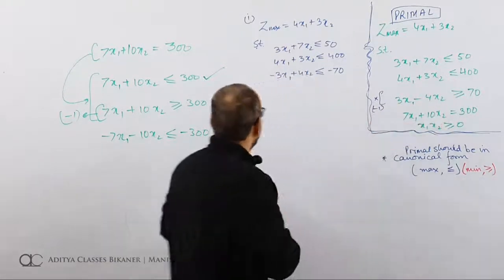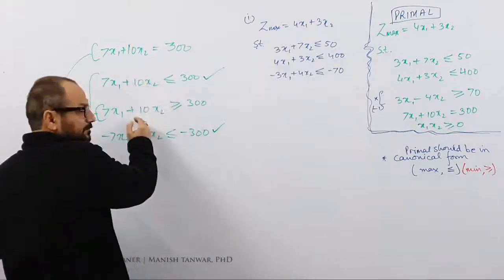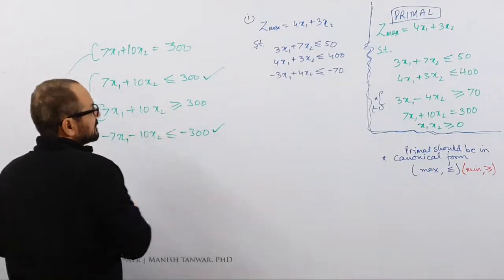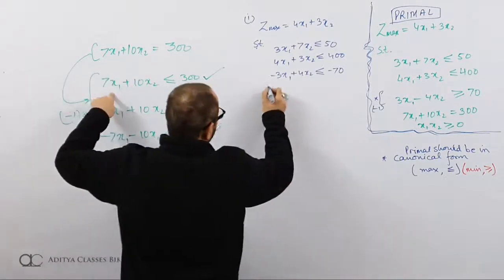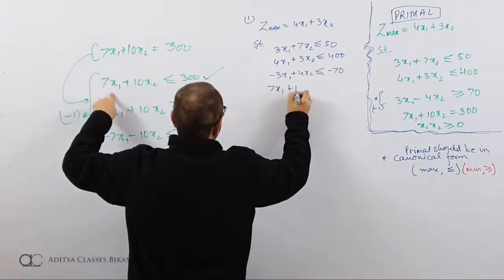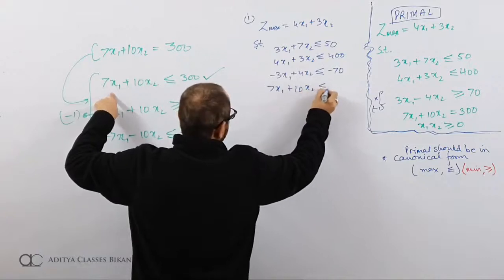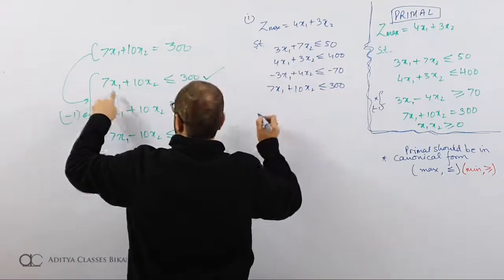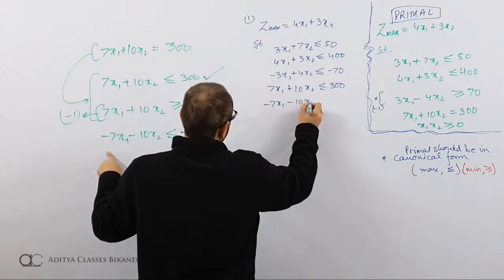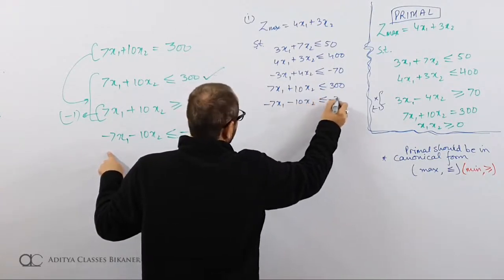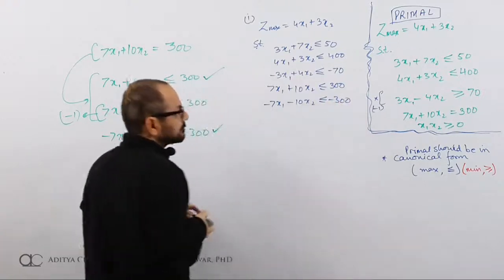This is equal, equal should be split into 2 and then this greater than should be converted into less than. So I have my next constraint, that is 7x1 plus 10x2 less than or equal to 300. Then I have minus 7x1 minus 10x2 less than or equal to minus 300.